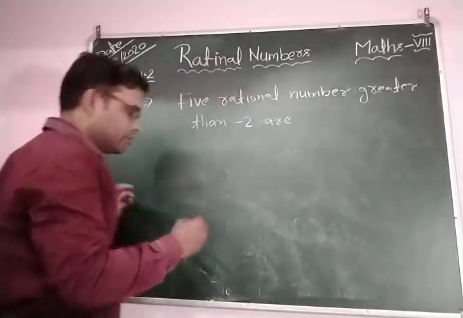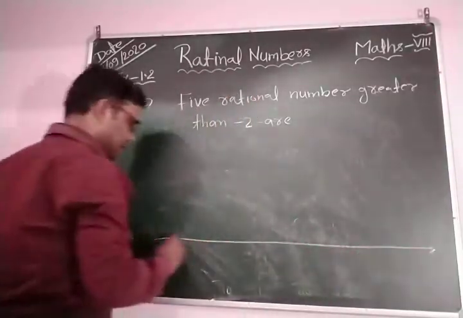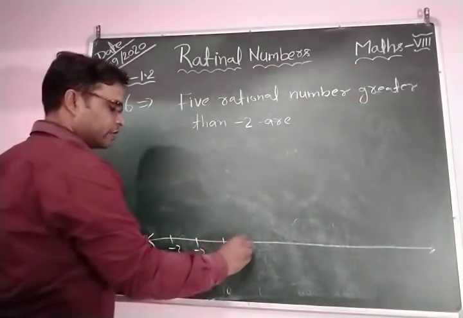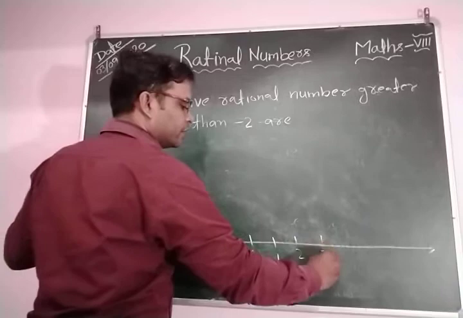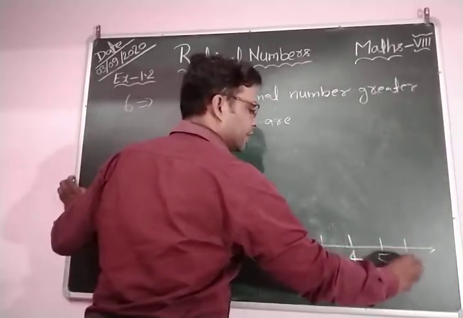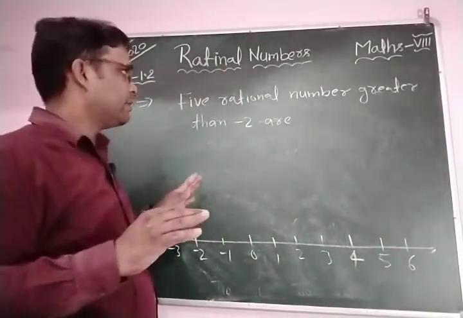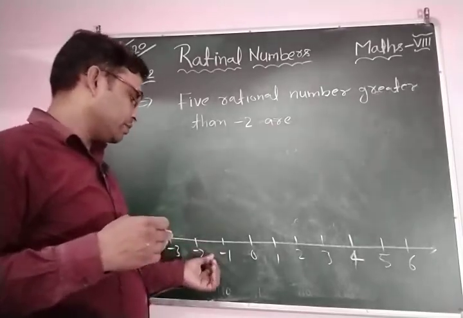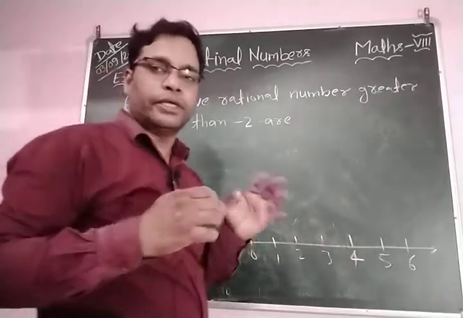So you can use a number line here. You can see this is the number line. Here this is minus 3, this is minus 2, minus 1, 0, 1, 2, 3, 4, 5 and 6. Okay, so a lot of numbers, you can write any 5 numbers which are greater than minus 2. So you can write minus 1, 0, 1, 2, 3, 4, 5, 6 and so on.